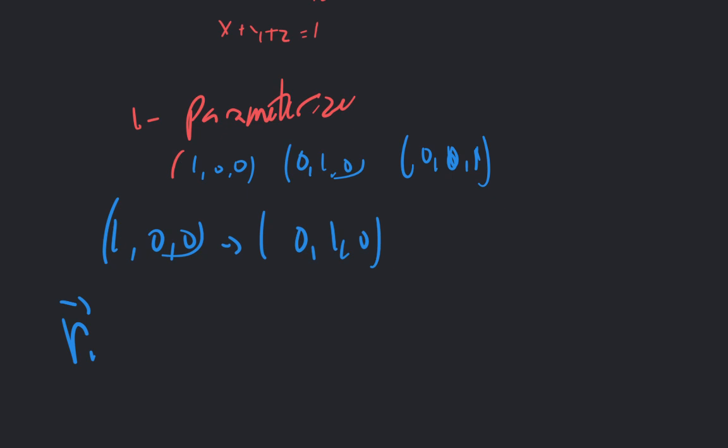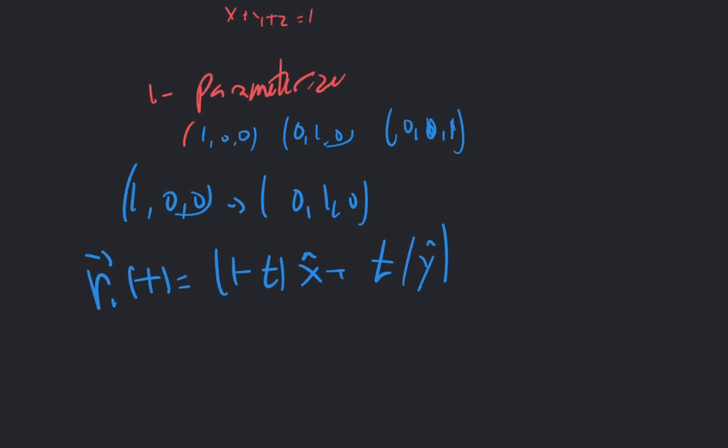So then R1 of t is 1 minus t times x unit plus t times y unit, or x unit minus t x unit plus t y unit.